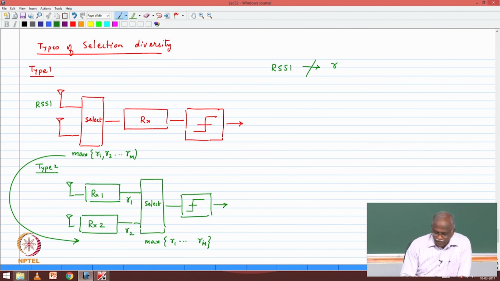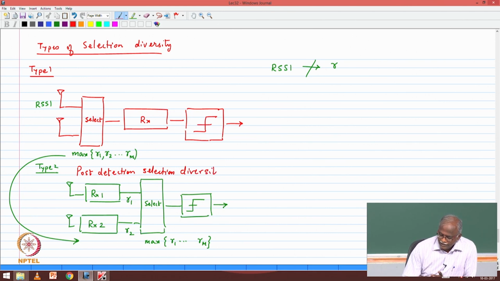So the second one is called post-detection diversity. This is called post-detection. That means you detect both signals, and then you decide which one you want to choose. Post-detection selection diversity. And if this is post-detection, the other one has to be pre-detection. Okay, so that's the difference.